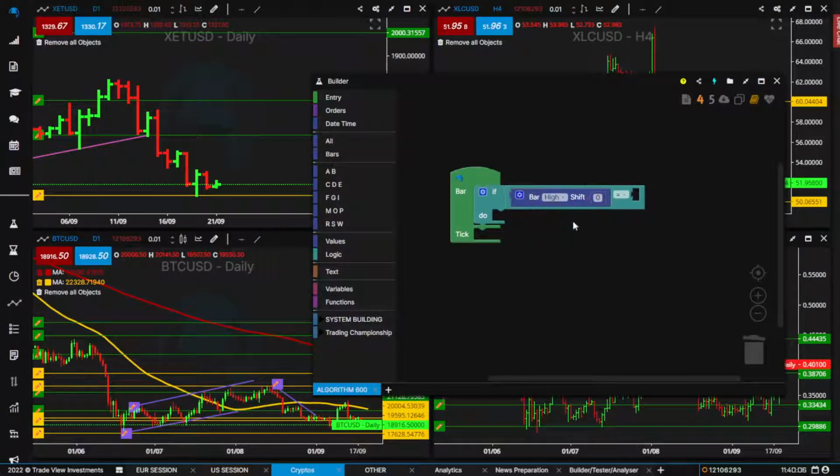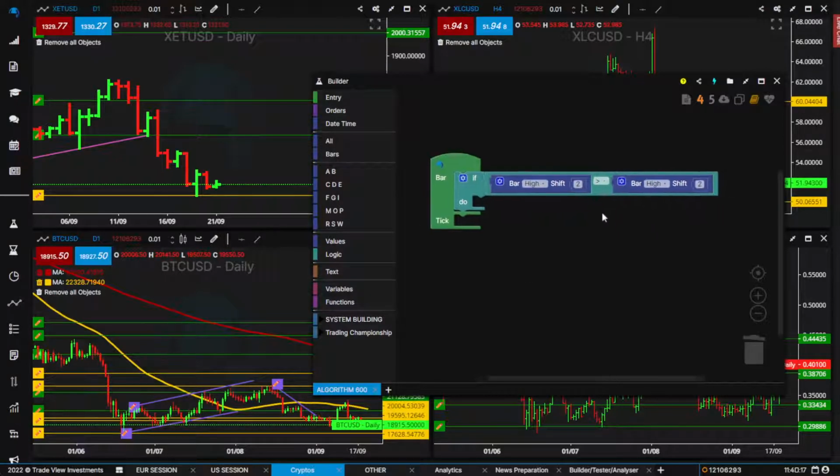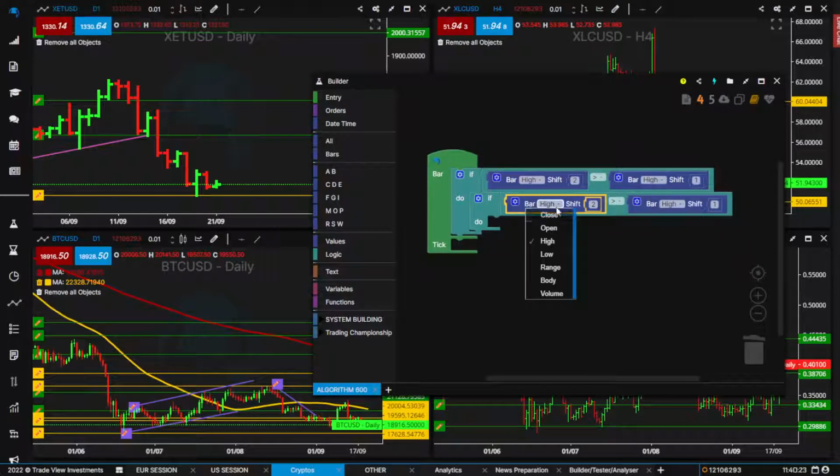Remember, what we need to do is define what that inside bar is, and we need to say basically, is the previous bar's high greater than the one that's just closed? And then also, if we want to say, is the bar low also greater than the previous one?